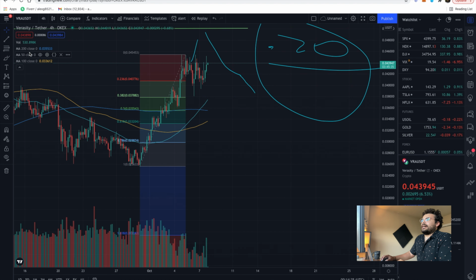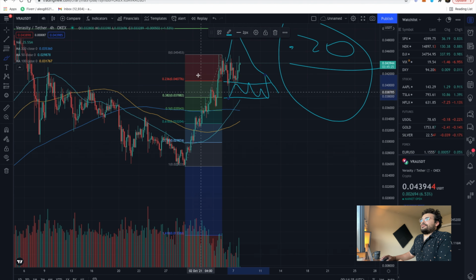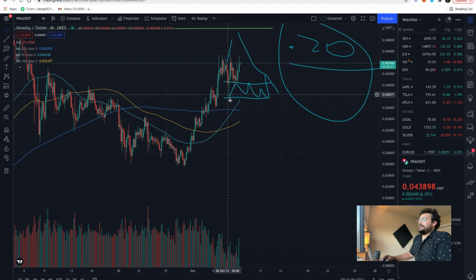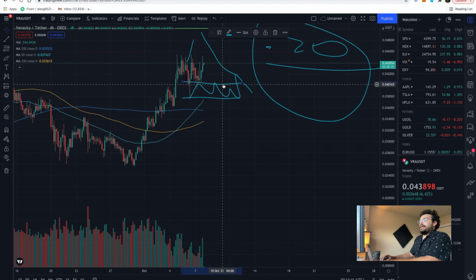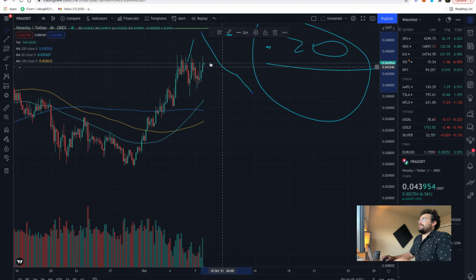So, around 3 to 4 cents in here. So we may test these support levels. I honestly think the way that the chart's looking right now, we are more likely going to head to the upside before we head down. But we will check a new support before we head to the upside towards 20 cents.